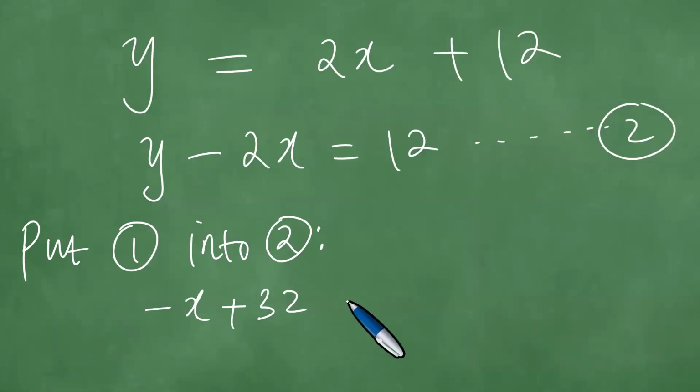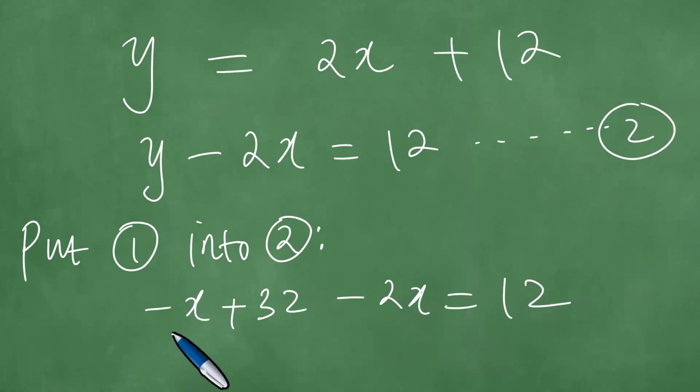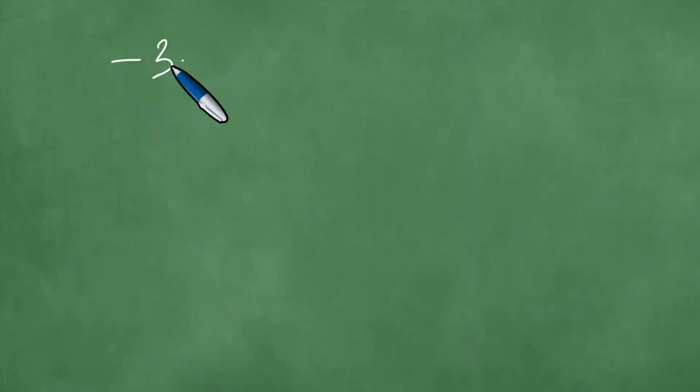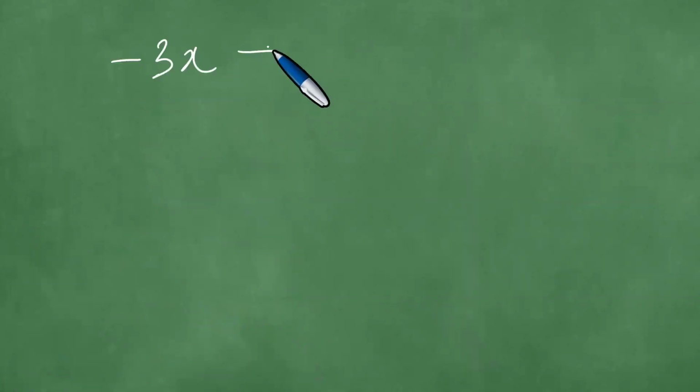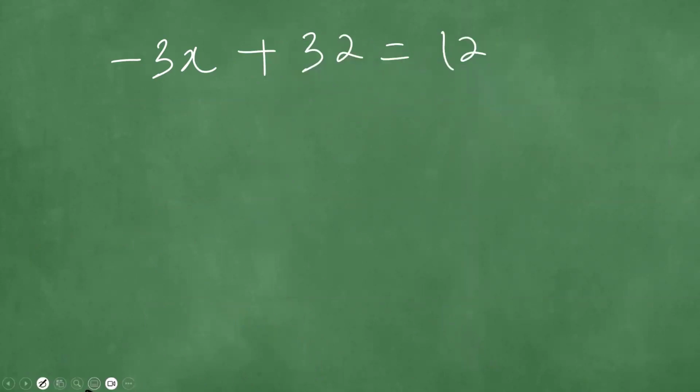But now we have minus twice x equals 12, so we have minus x minus 2x, which is minus 3x, plus 32, and the result is 12.